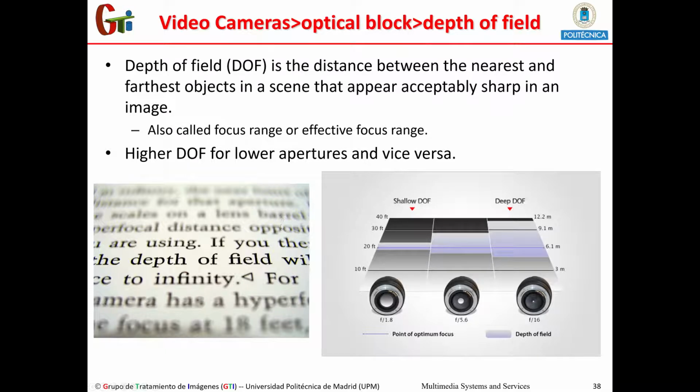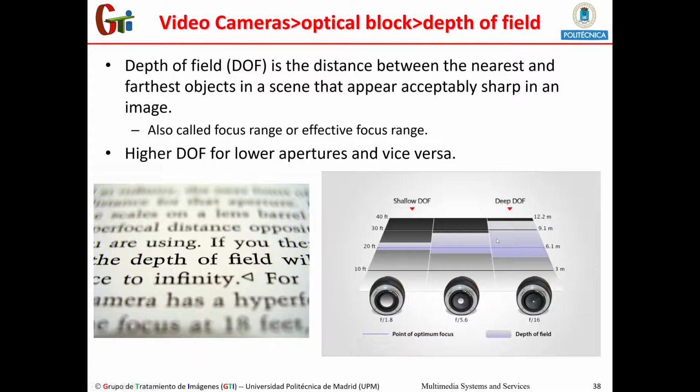How is the relation with the aperture? Well, if we have a lower f number, that means that many uncollimated rays are admitted, and the depth of field will be narrower and narrower, and vice versa.